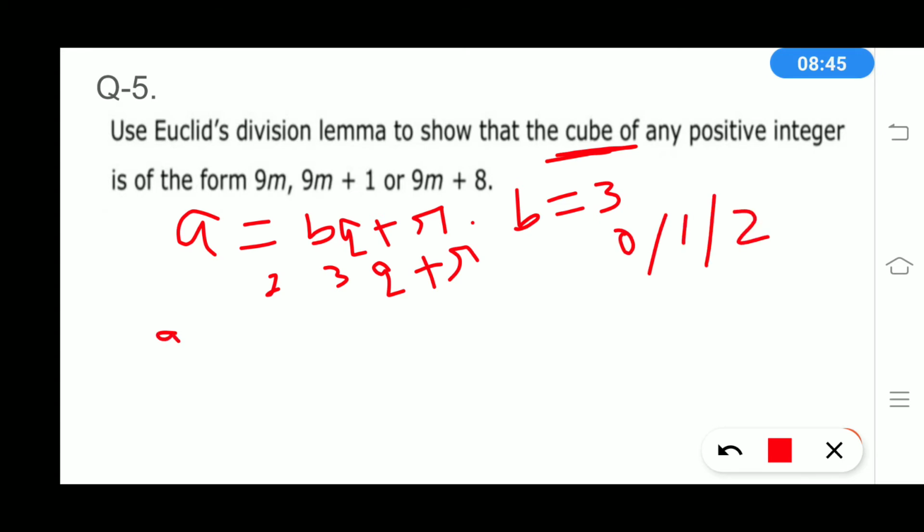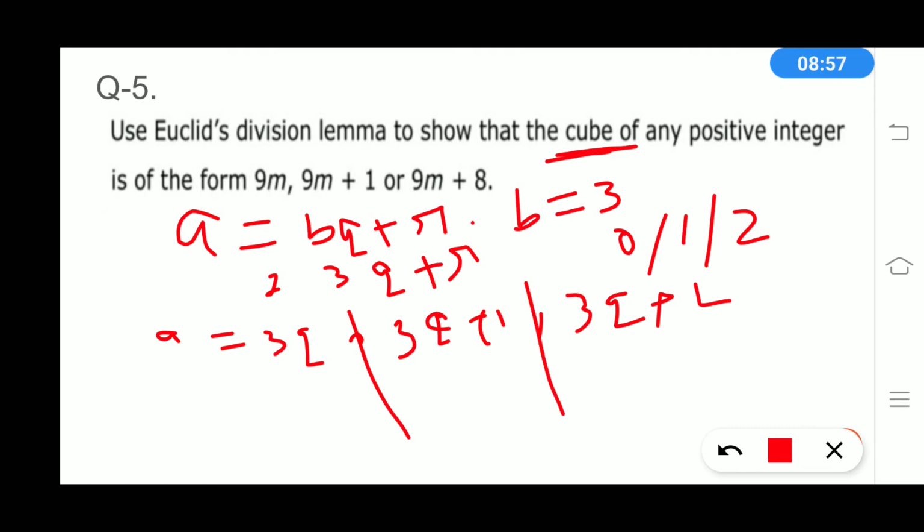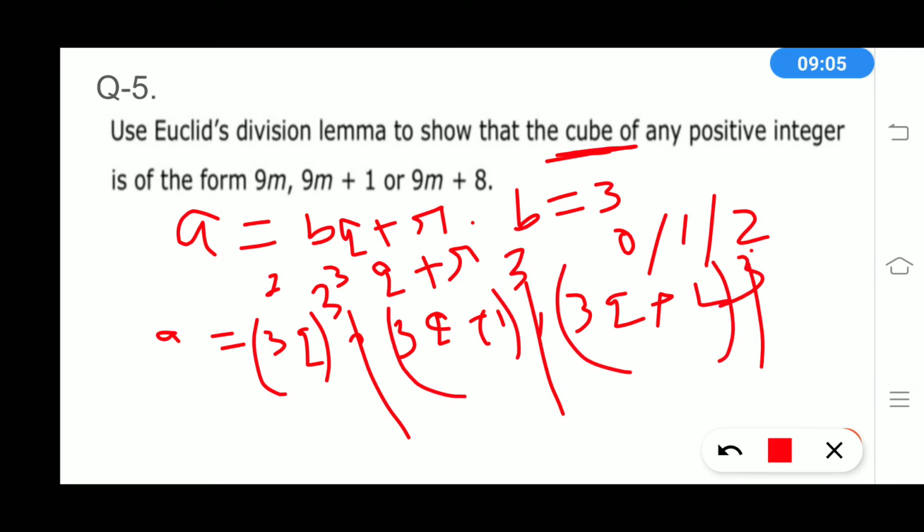So a equals 3q plus 0, 3q plus 1 and 3q plus 2. Here we simply cube each of these numbers and write them in the form 9m, 9m plus 1 and 9m plus 8. So see the actual answer.